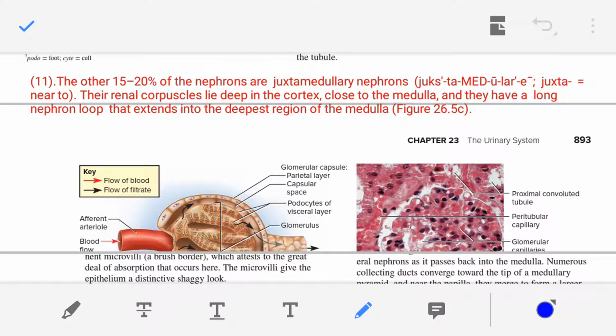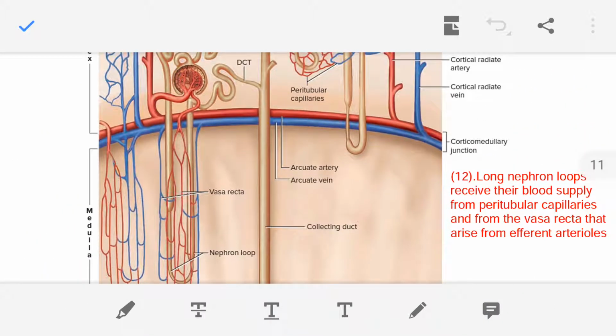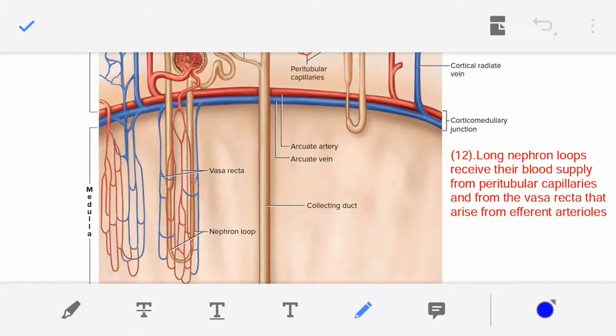Then this juxtamedullary nephron has a long nephron loop, and this loop extends deep into the region of the medulla. So here, as you can see, this is the long U shape renal tubule.